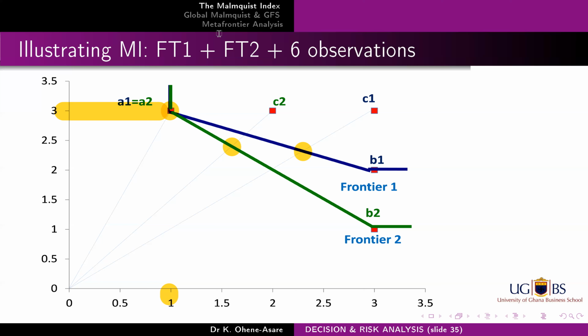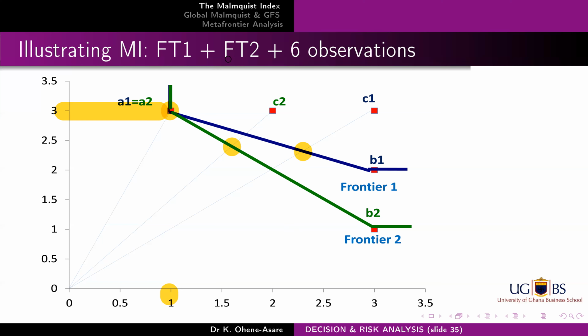Now that one is not that straightforward. So I want to see who will be able to crack it. 1.6 over 2, okay, so you have an idea, 1.6 over this C1.